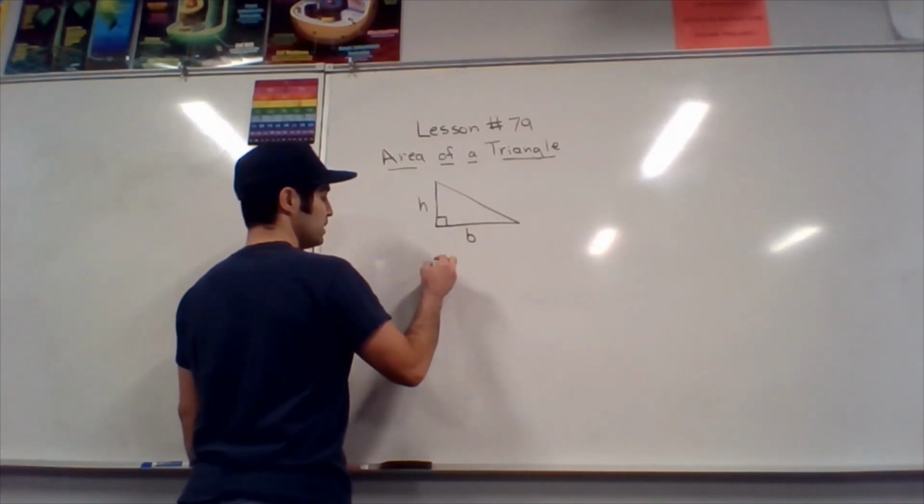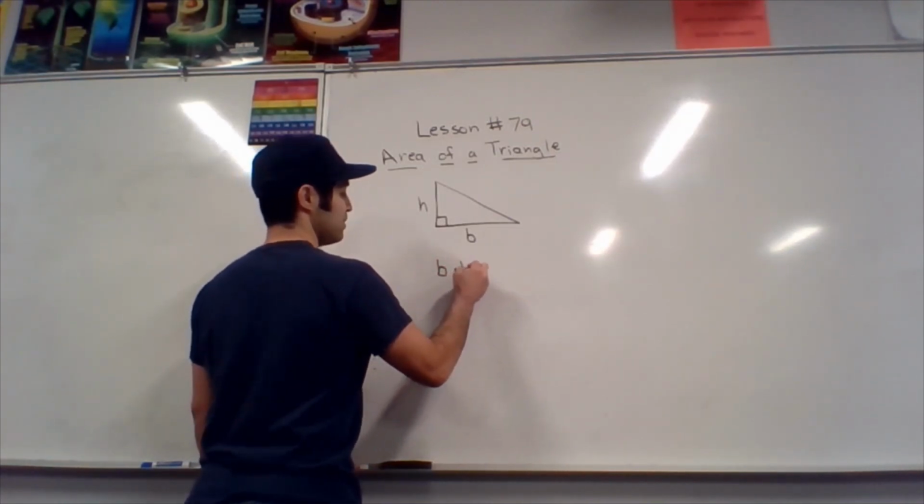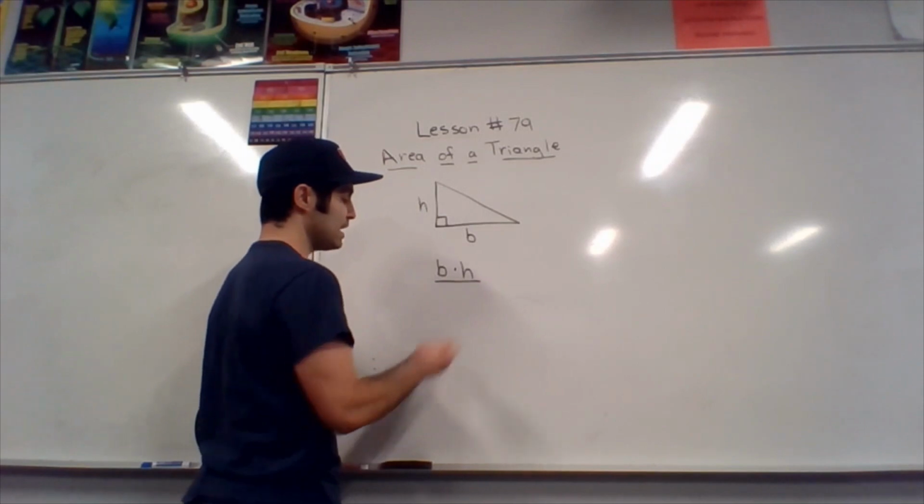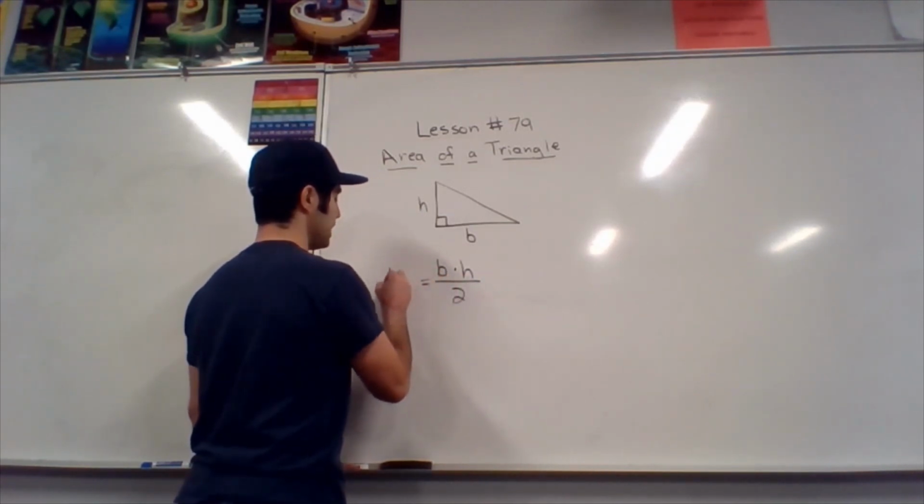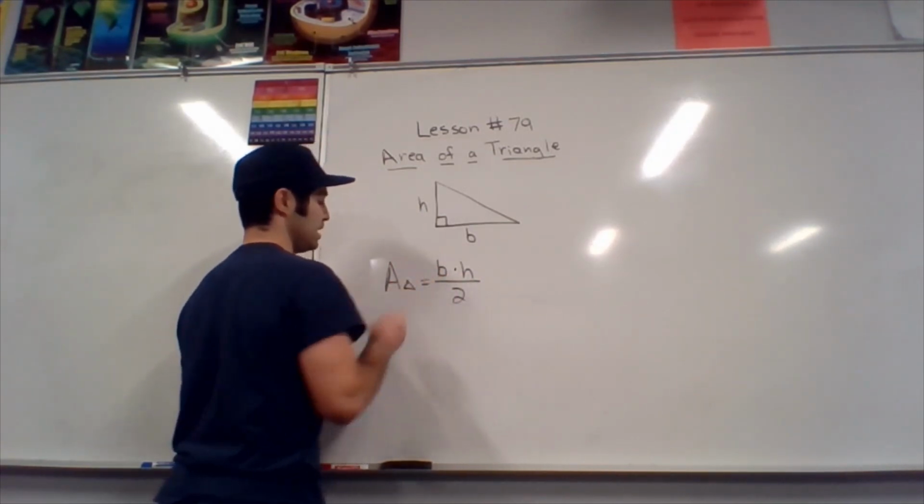And then I take the base times the height, and I divide it by 2, and that will give me the area of a triangle.